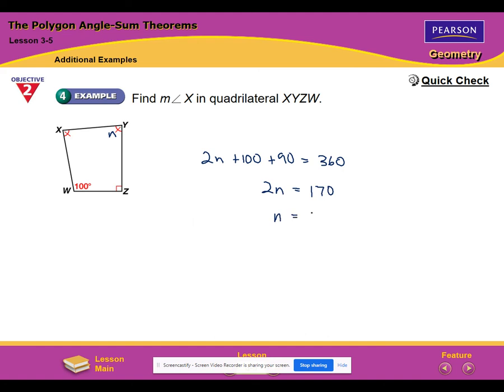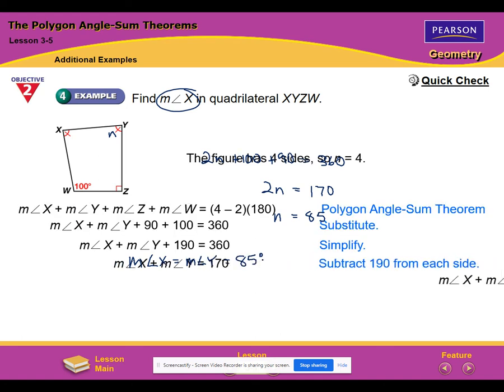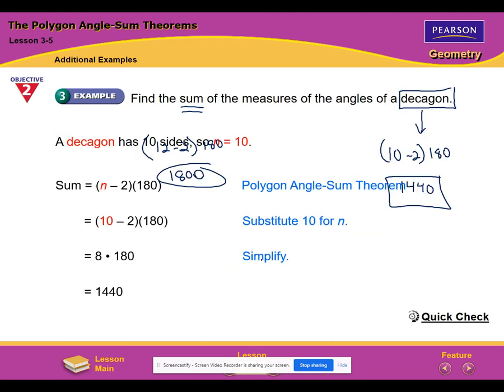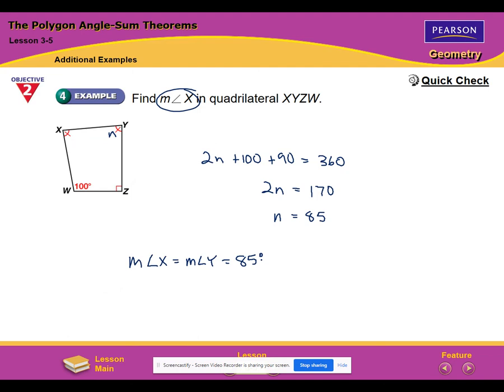So n is going to be equal to 85. Each of those angles, the measure of angle x and the measure of angle y, is 85 degrees. The measure of angle x is equal to the measure of angle y is equal to 85 degrees.